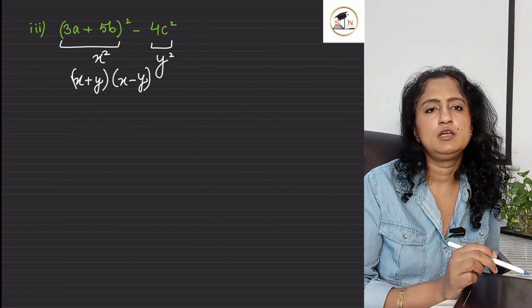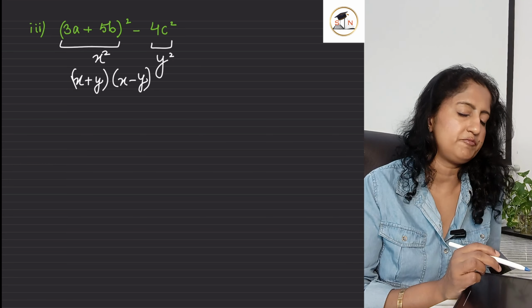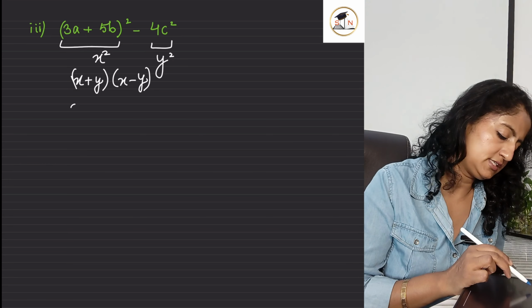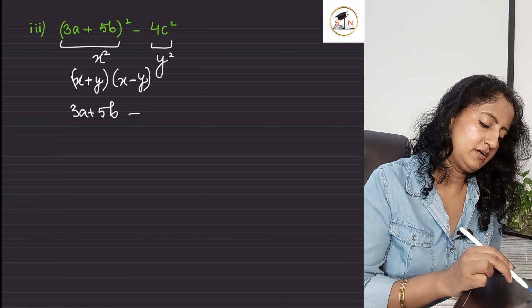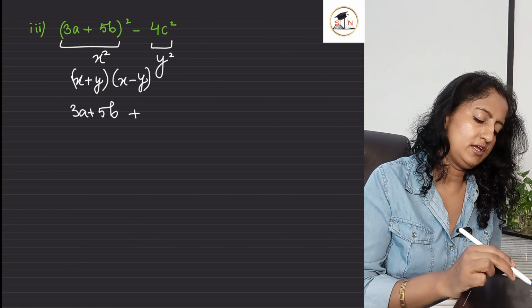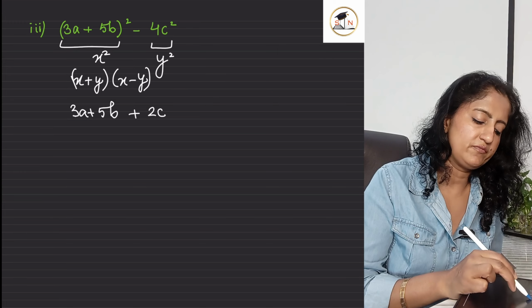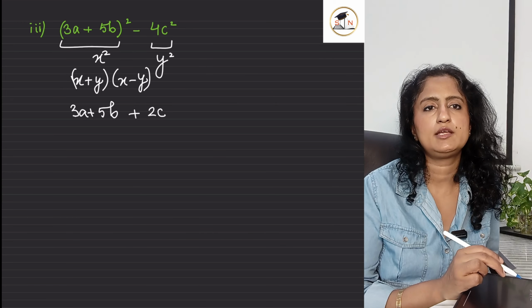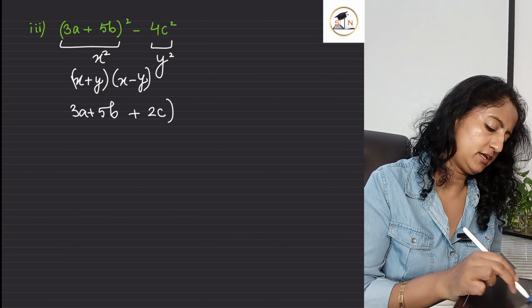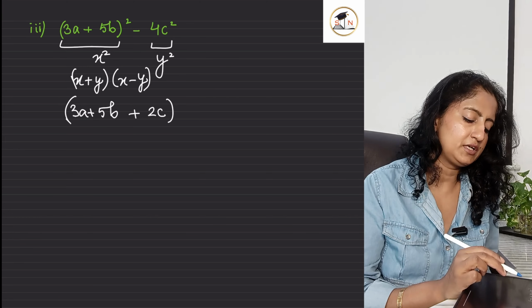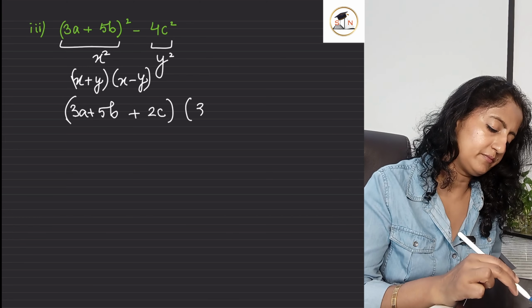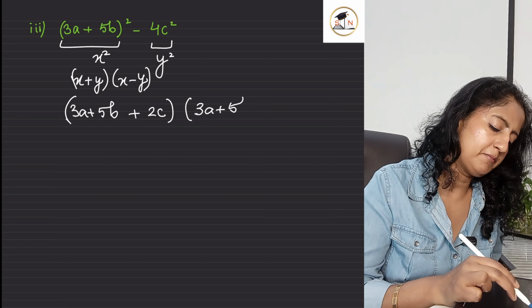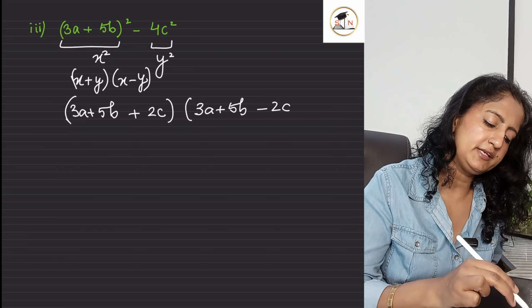It has to be the square root of 3a plus 5b whole square, and thus we get 3a plus 5b. After that, what is y? Y is 2c, because square root of 4c square is 2c. Okay, so first bracket gives me 3a plus 5b plus 2c. Now second bracket, 3a plus 5b minus 2c.